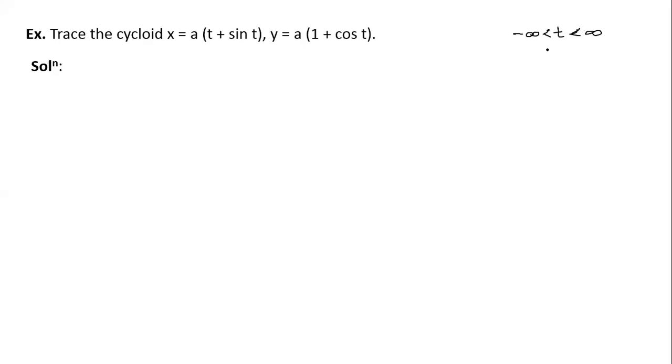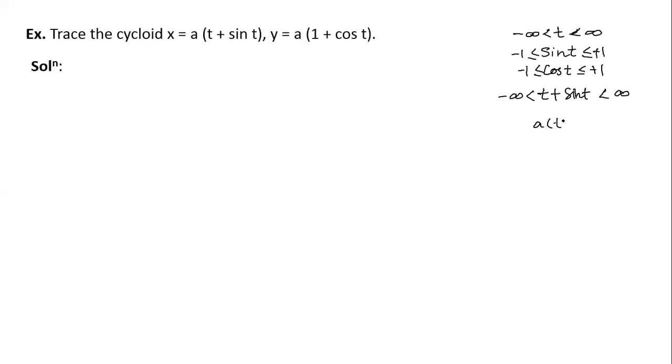So this is the thing. And sine t will always lie between minus 1 and plus 1. Everybody knows. Similarly, cos t also lies between minus 1 and plus 1. So t plus sine t will be a finite real number, from minus infinity to plus infinity.